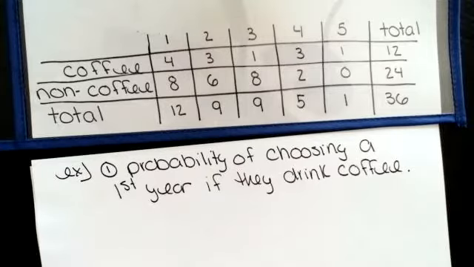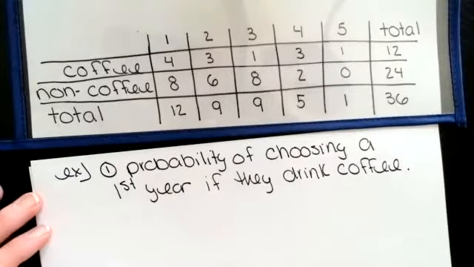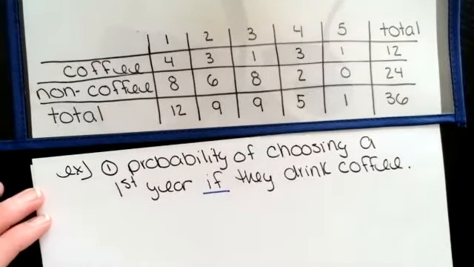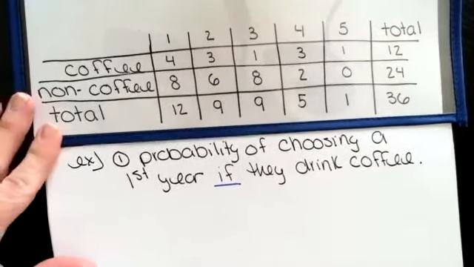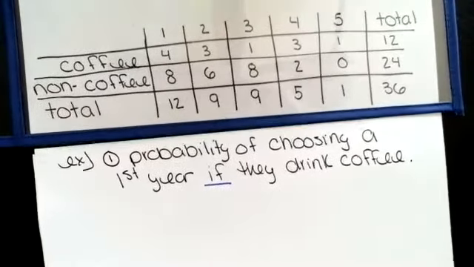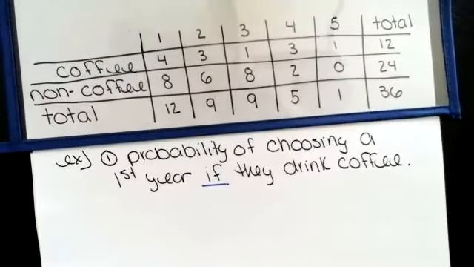So here I have some keywords, and it's the word if here. So when we're looking at conditional probability, we don't have just one word like we did last class where it said or, and we knew that meant addition. Or if we had and, we knew that meant the multiplication rule.